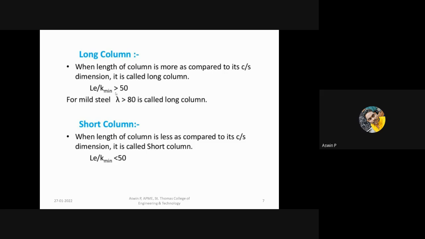It's normally divided as short column and long column. A small range is there; I forgot that range. In the case of mild steel, slenderness ratio must be greater than 80, and cast iron will have a very high slenderness ratio. According to the material, the slenderness ratio varies and defines the long and short column.